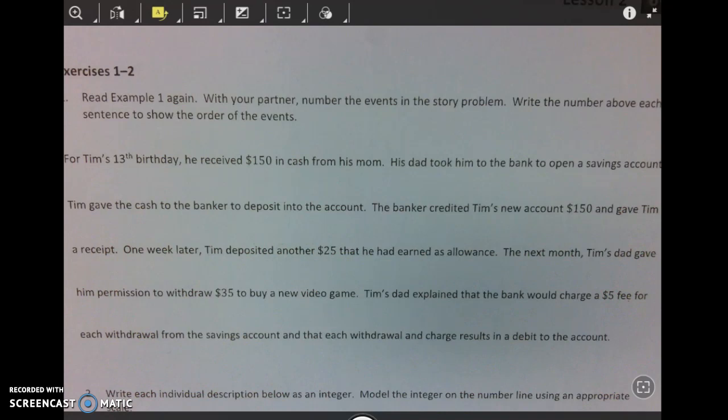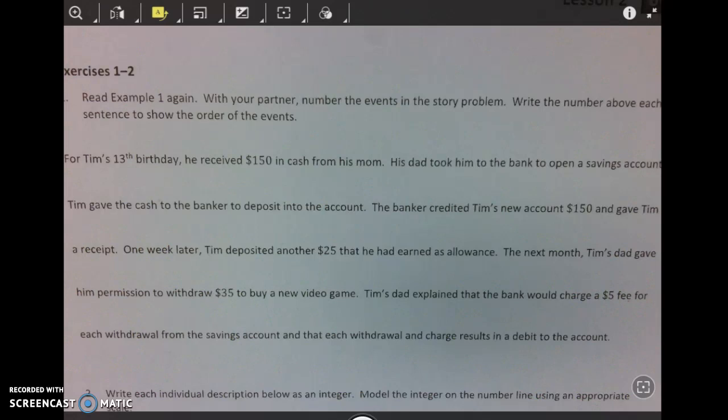For Tim's 13th birthday, he received $150 in cash from his mom. His dad took him to the bank to open a savings account. Tim gave the cash to the banker to deposit into the account. The banker credited Tim's new account $150 and gave Tim a receipt. 1 week later, Tim deposited another $25 that he had earned as allowance.